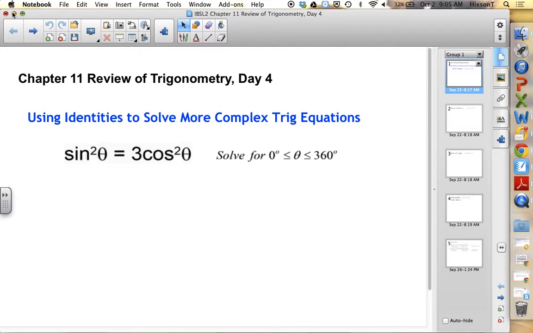So now we're doing that, but we're incorporating situations where we have mixtures of trig functions, and we're going to have to use identities to be able to solve them.